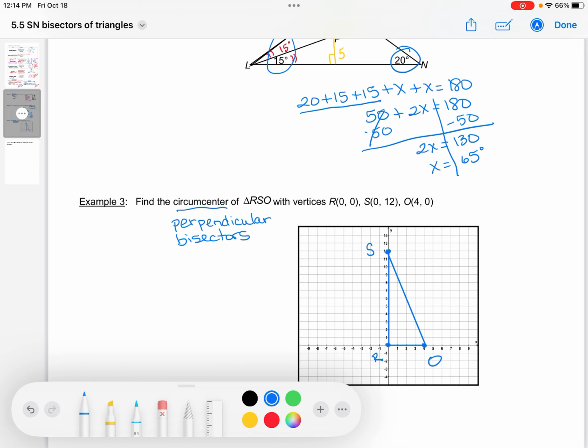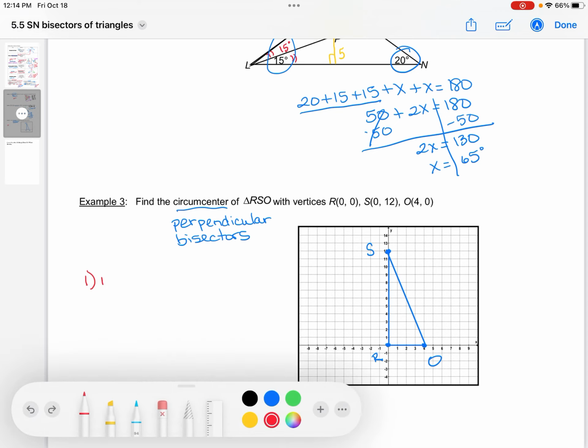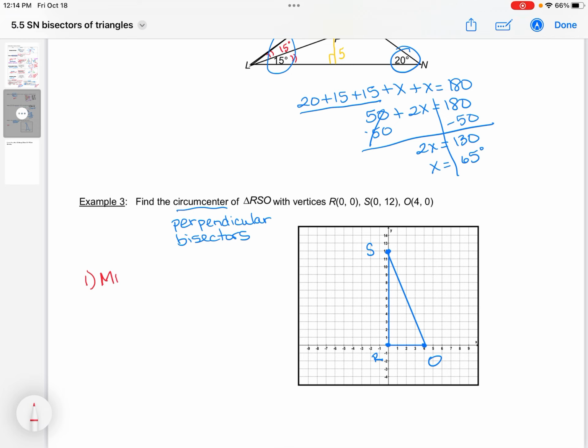Okay, so here's what I need to do. And they made it pretty easy for me. So the first thing I need to do is find the midpoint of all three lines. So the midpoint of SR, I can use my midpoint formula, which is x1 plus x2 over 2, comma, y1 plus y2 over 2.